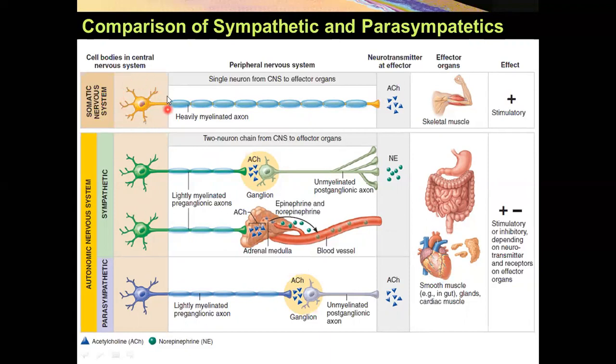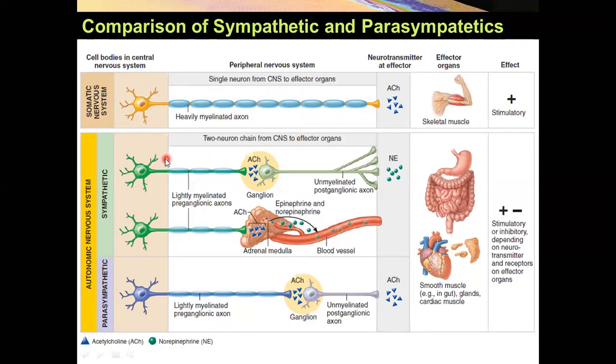Their cell bodies are located in the cranial motor nuclei in the brain stem for the cranial nerves, or in the anterior horn of the spinal cord for the spinal nerves. And the processes, or axons, of the somatic motor nerves are heavily myelinated.